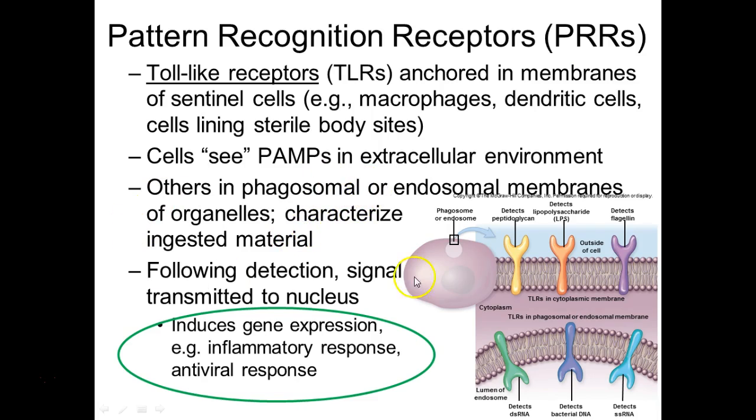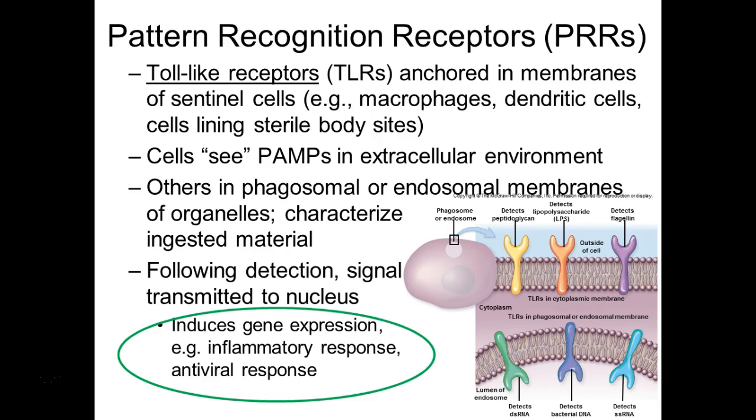So what's going to happen? We have these receptors on the surface, inside the cell, inside the cytoplasm. They're going to induce gene expression. This information is going to be carried all the way to the nucleus, to our DNA, to our command center. And it's going to respond accordingly. Of course, the most common response when we have a danger signal is inflammation.